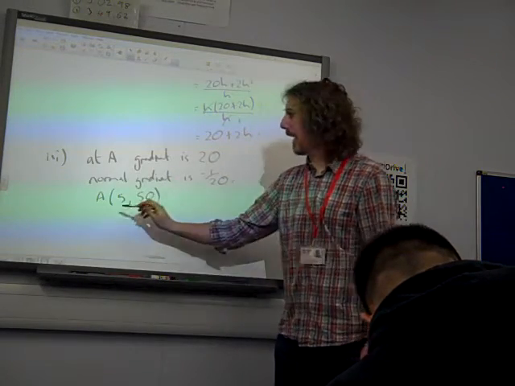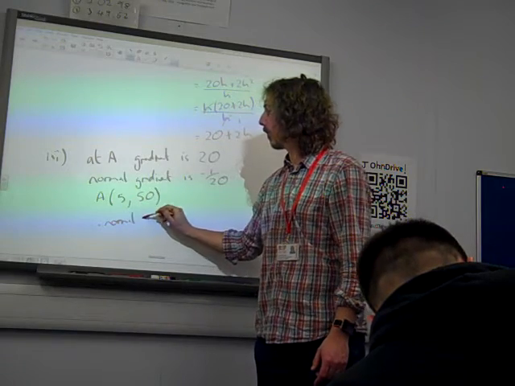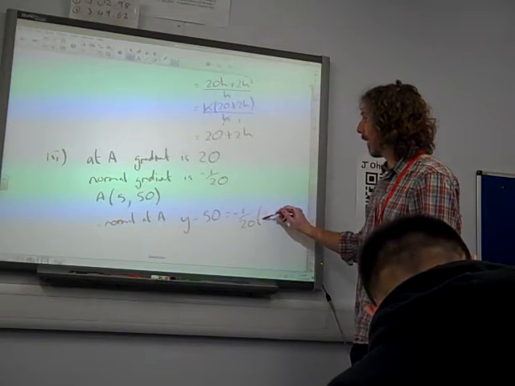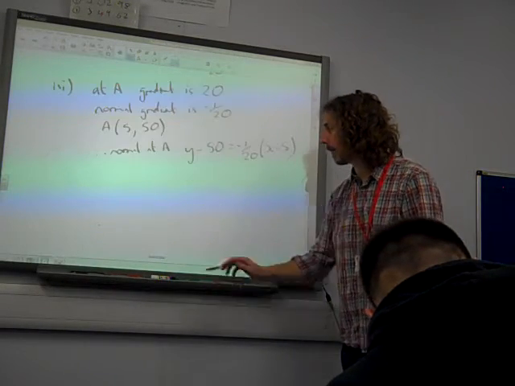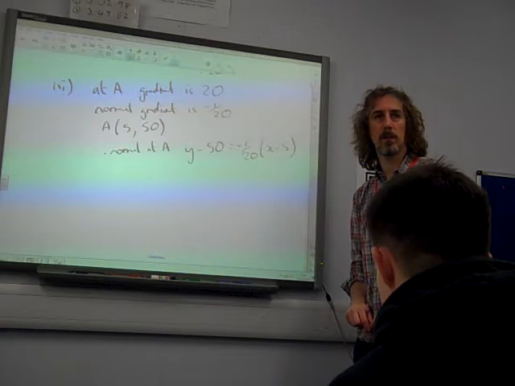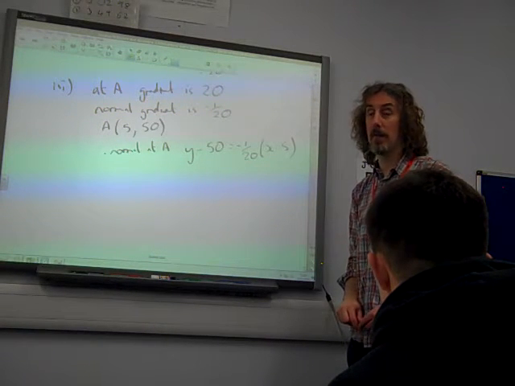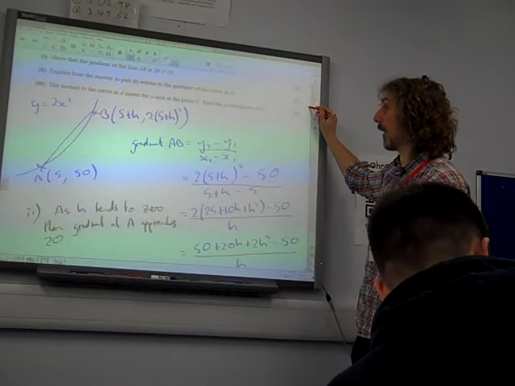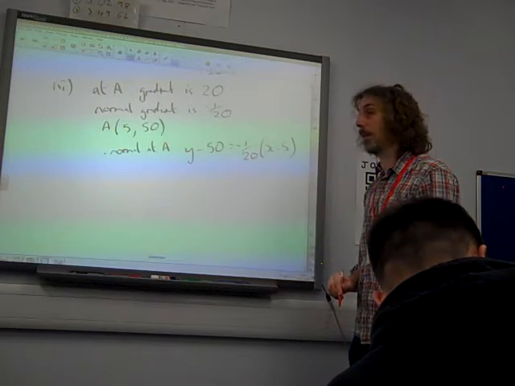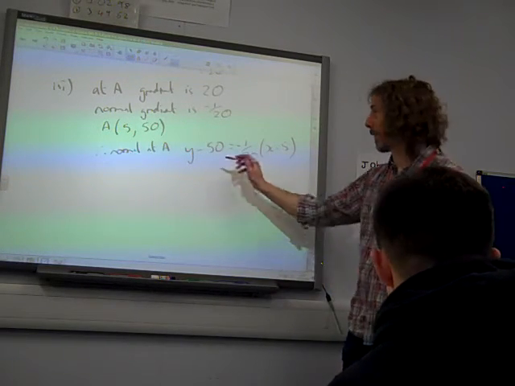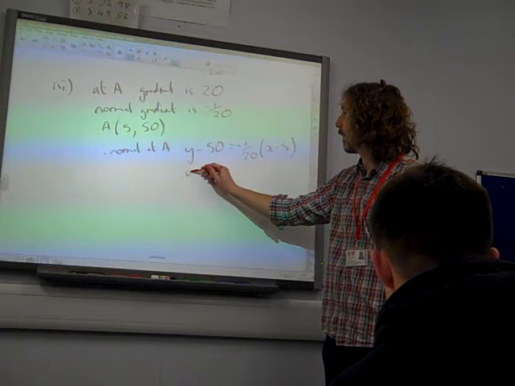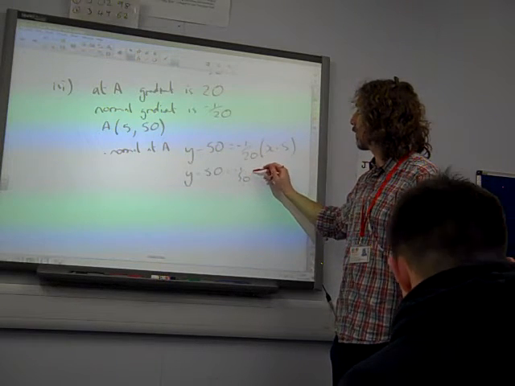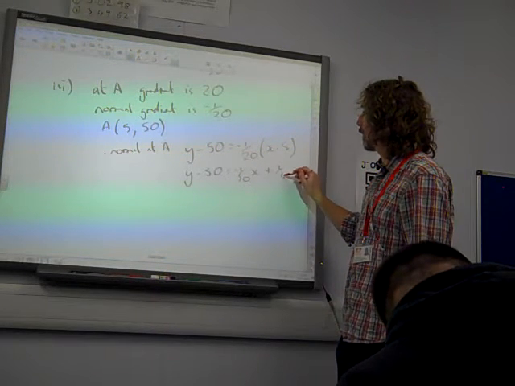So the normal at A is y minus y1 equals m times x minus x1. That's the normal at A. And we need to know where it meets the y-axis. The normal to the curve meets the y-axis at the point C. That's when x would be 0. You could just rearrange the equation. It's that, isn't it?